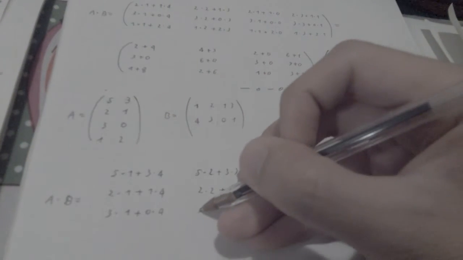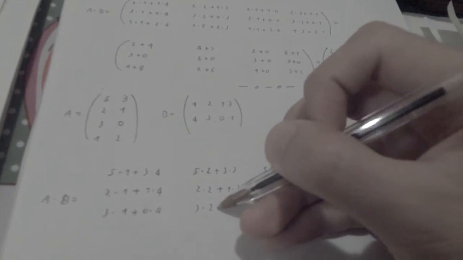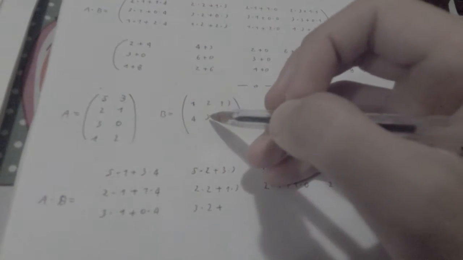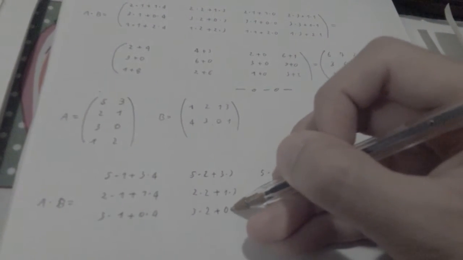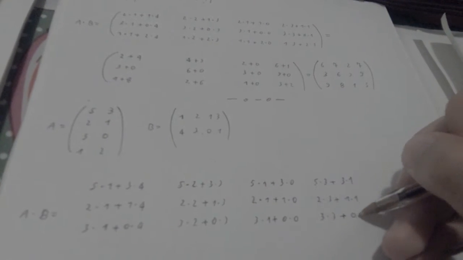And again, we have 3 times 1 plus 0 times 4. And then we have 3 times 2 plus 0 times 3. We have 3 times 1 plus 0 times 0. And then we have 3 times 3 plus 0 times 1.